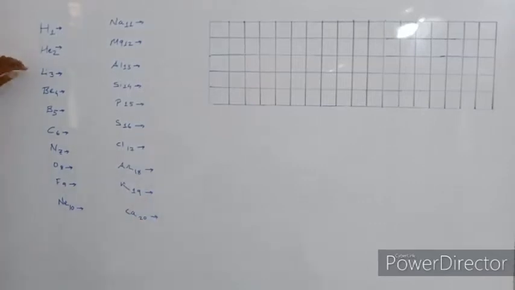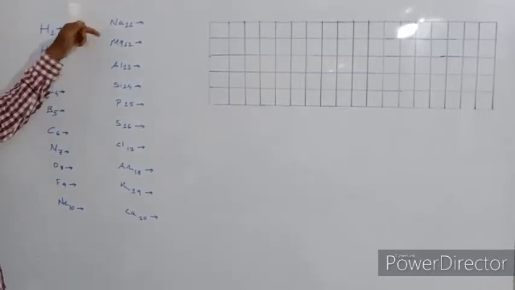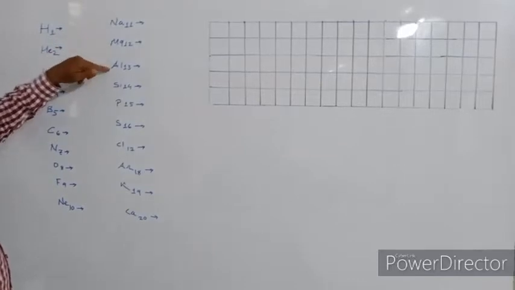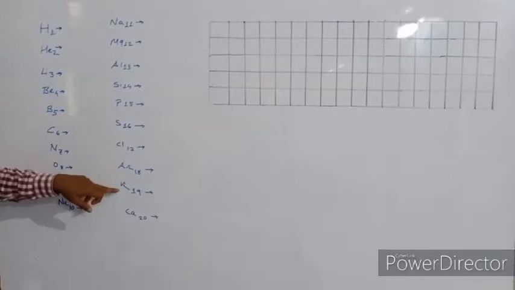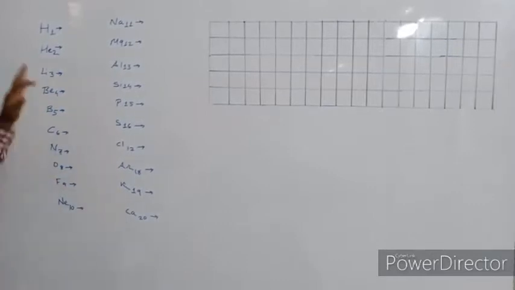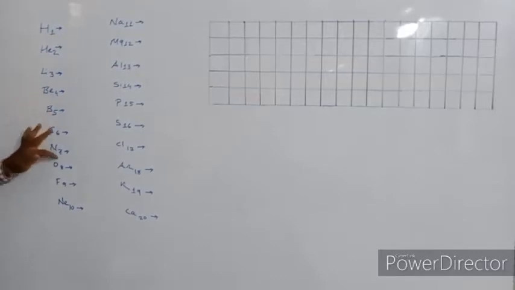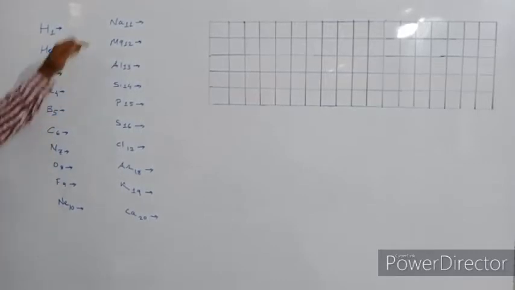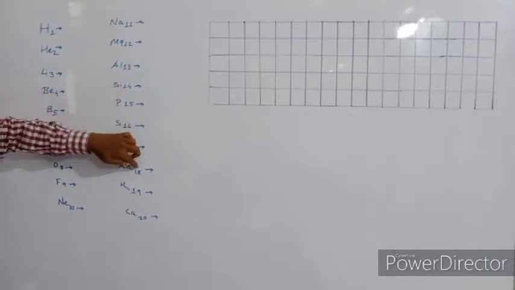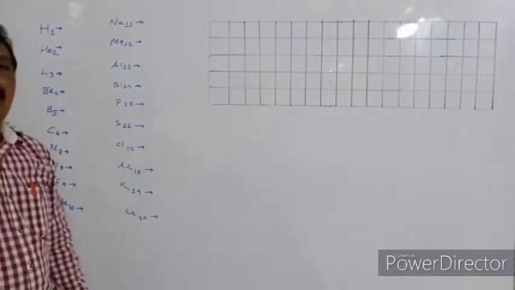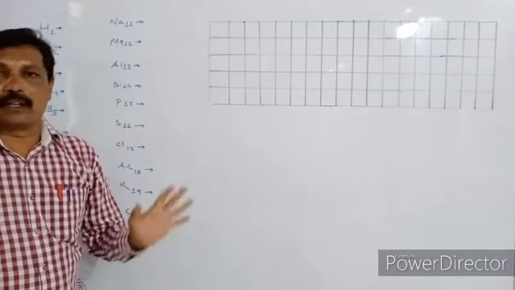Hydrogen, helium, lithium, beryllium, boron, carbon, nitrogen, oxygen, fluorine, neon, sodium, magnesium, aluminium, silicon, phosphorus, sulfur, chlorine, argon, potassium, calcium. They have atomic numbers 1, 2, 3, 4, 5, 6, 7, 8, 9, 10, 11, 12, 13, 14, 15, 16, 17, 18, 19, 20 respectively.